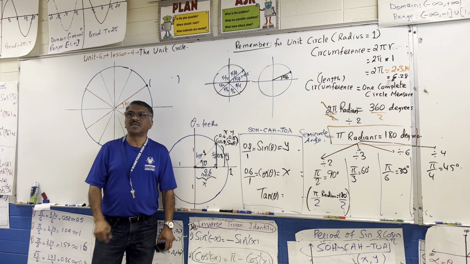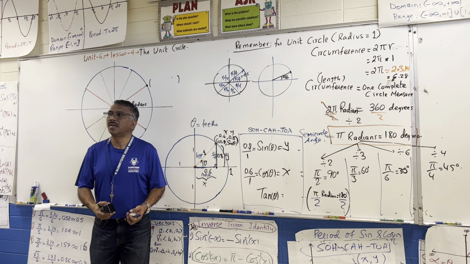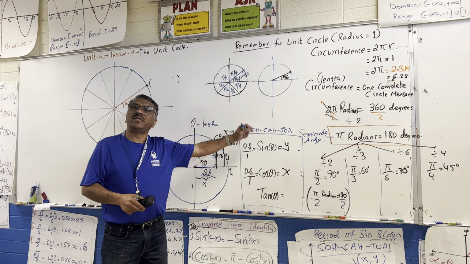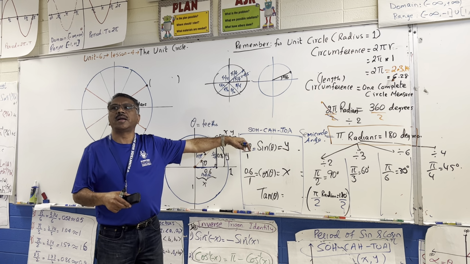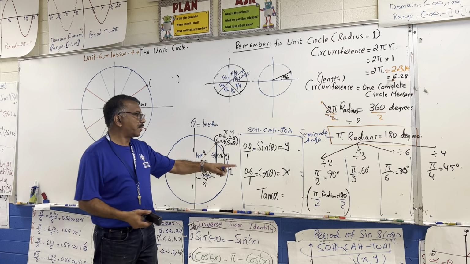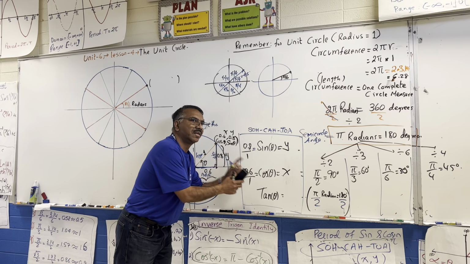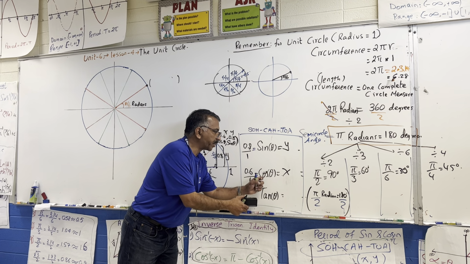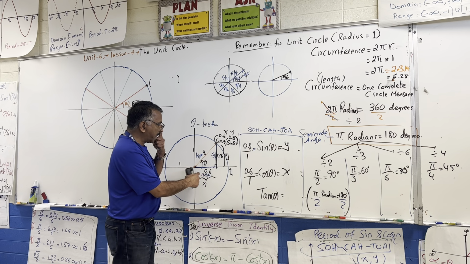Got it? I know it is hard, but watch this one. Using this basic fundamental from geometry, you know that sine is opposite over hypotenuse, cosine is adjacent over hypotenuse. Using that concept, you get cos x, because that's what you're trying to figure out.